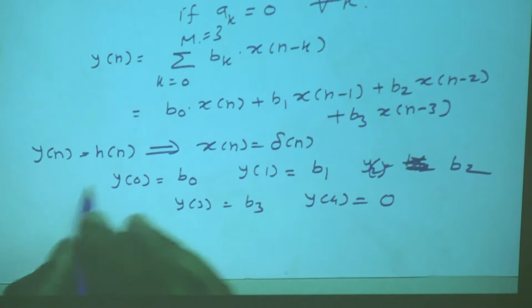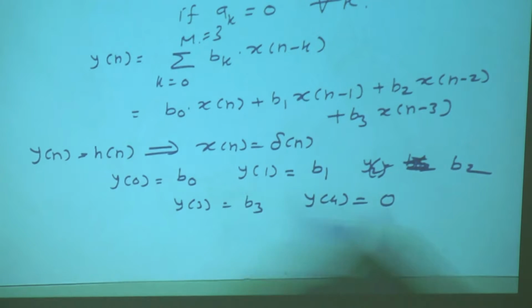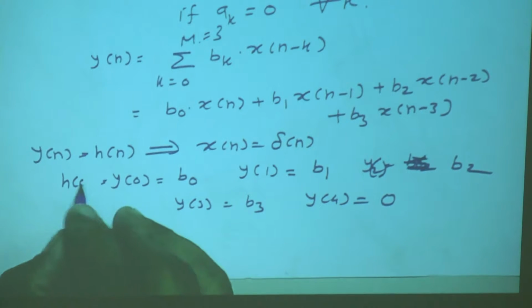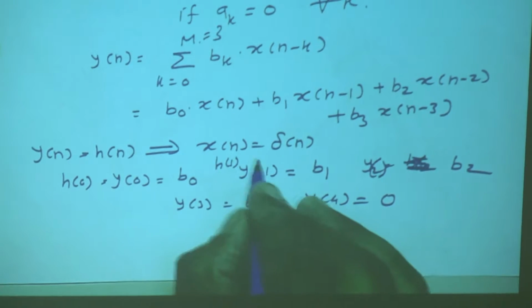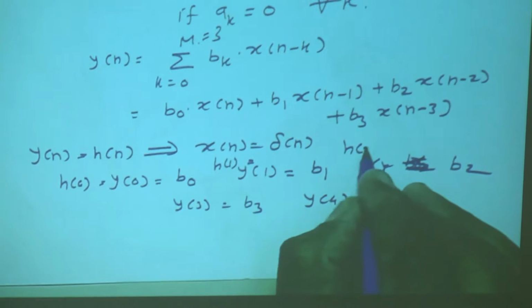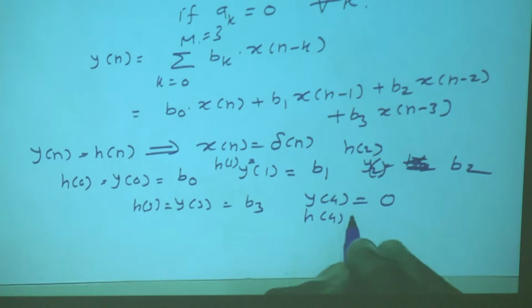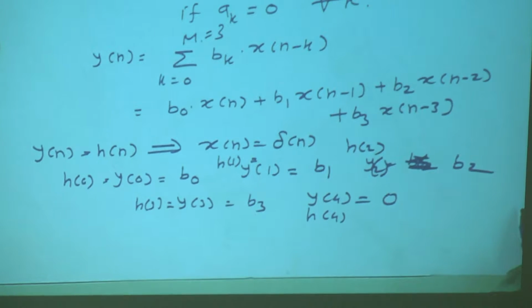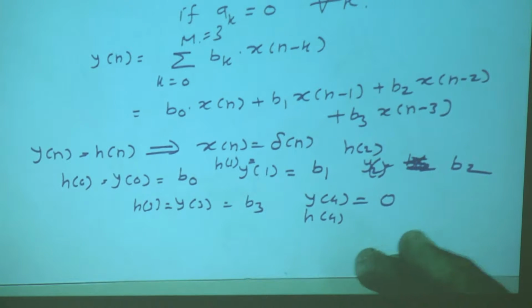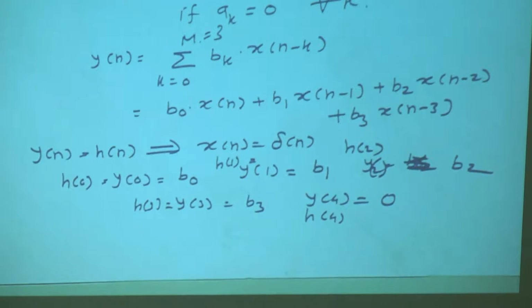These y0, y1, y2, y3, y4 are actually h0, h1, h2, h3, h4 and so on. So, h of n is equal to 0 for n greater than 3, and is equal to 0 for n less than 0.